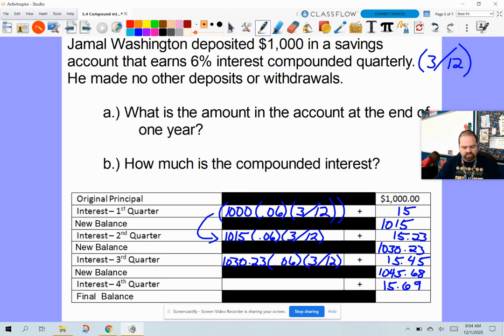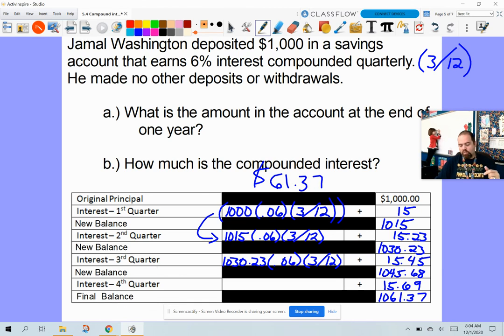Add that onto the $1,045.68. After a year of just sitting in the bank, not touching it, he has $1,061.37. So the interest that he actually earned was $61.37.